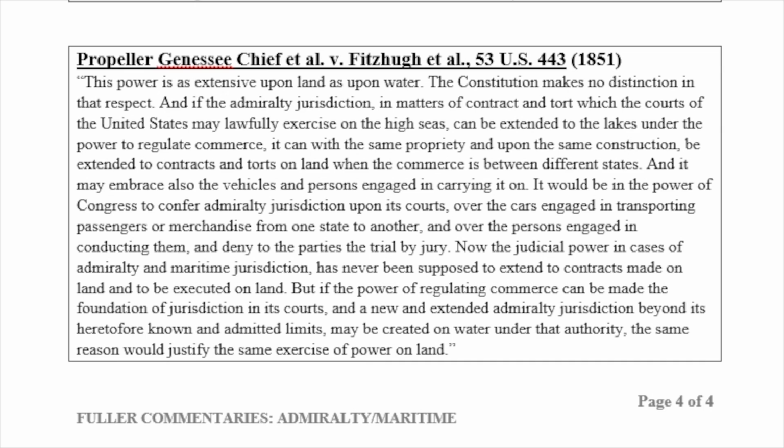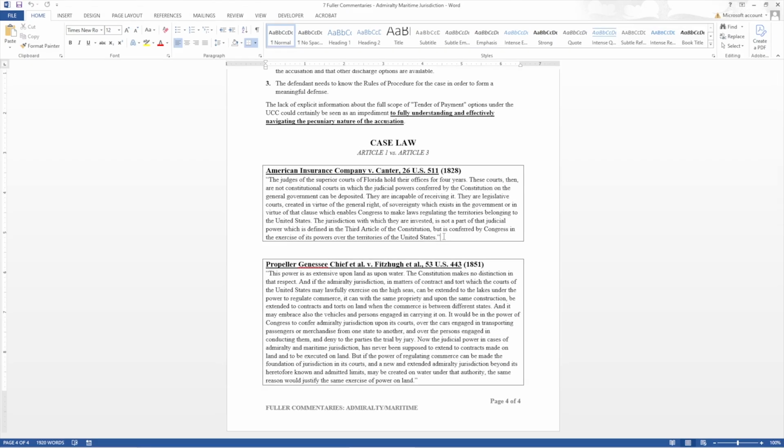But if the power of regulating commerce can be made the foundation of the jurisdiction in its courts, and a new and extended Admiralty jurisdiction beyond its hereafter known and admitted limits may be created on water under the authority, the same reason would justify the same exercise of power on land. What a mouthful, but how wonderful is that? That describes going from the law of the sea onto land through these transactions.